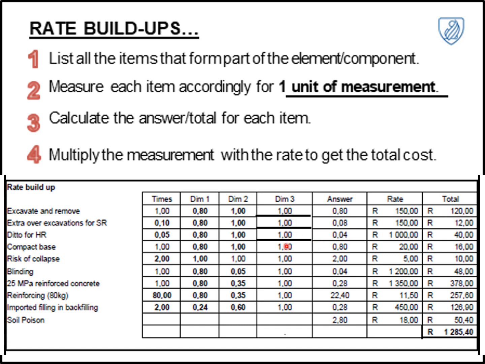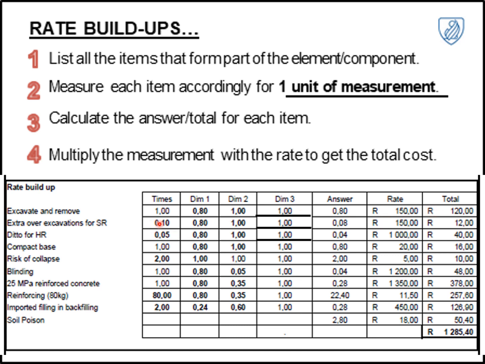So this dimension here, the 1, is we're converting it to a 1 meter section. So for 800 millimeter wide and 1 meter deep excavation for 1 meter in length, we times that together to get to our factor that is applied to our rate to get to the rate per meter.